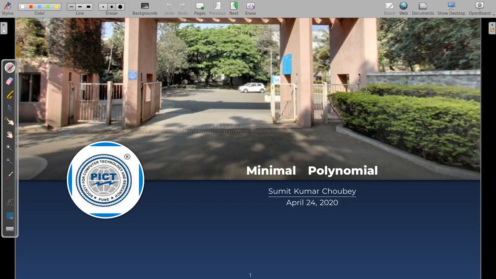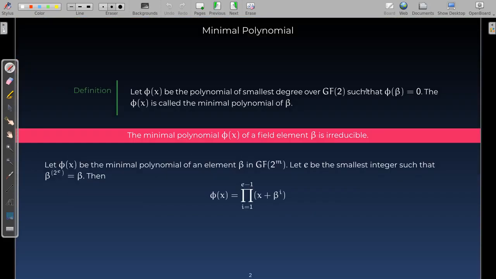I'm not going to discuss all the properties of minimal polynomial, but I'm going to show you how to find the minimal polynomial. Let's quickly review what we learned in the last lecture.